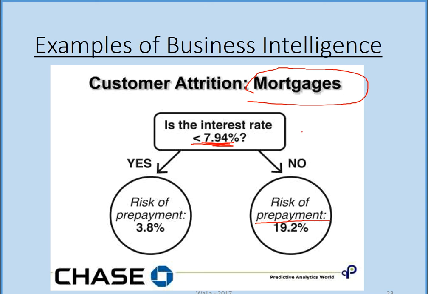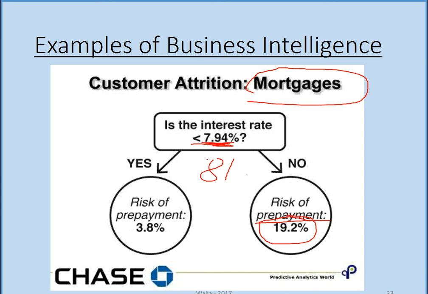So what Chase Bank found out was that if the interest rate on a mortgage crosses 7.94%, let's say it becomes 8%, then nearly 20% of customers will pay their loan early, which will result in loss of income for Chase.